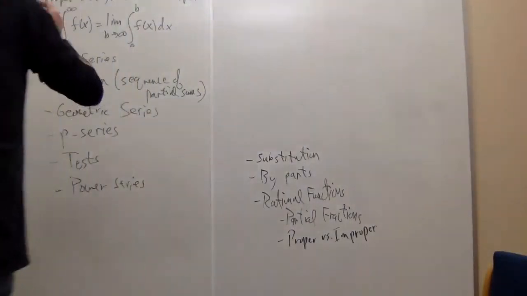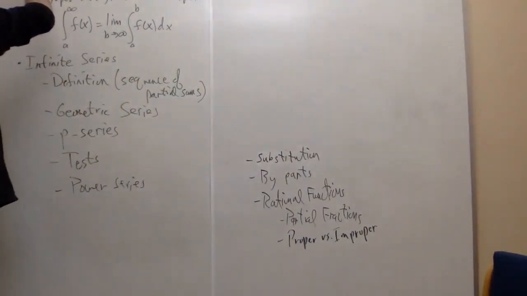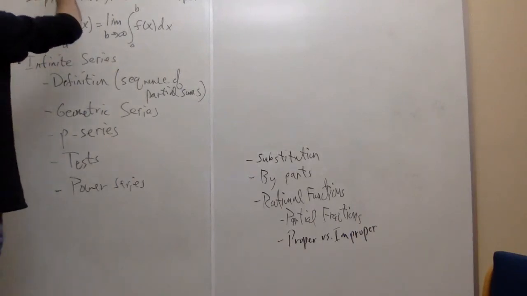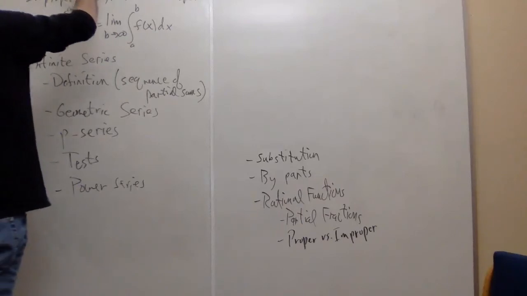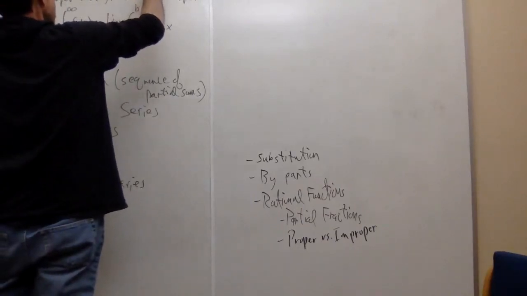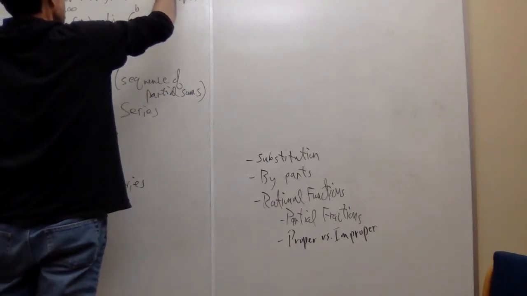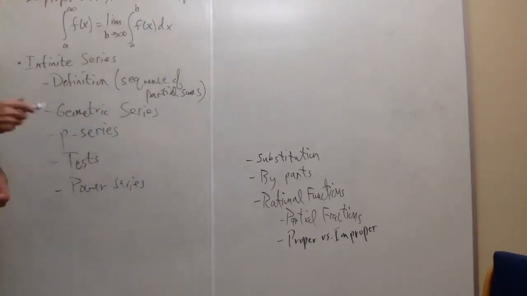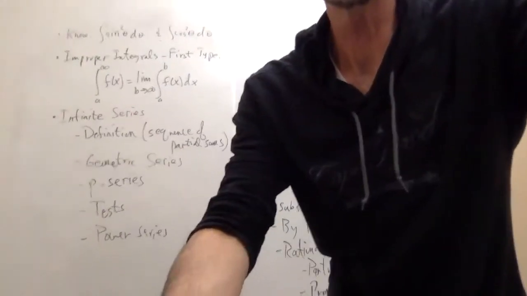And the exceptions are sine squared. So I want you to know the integral of sine squared, the antiderivative of sine squared theta. And if you know that one, then it's a tiny little change to get cosine squared. So there you go.